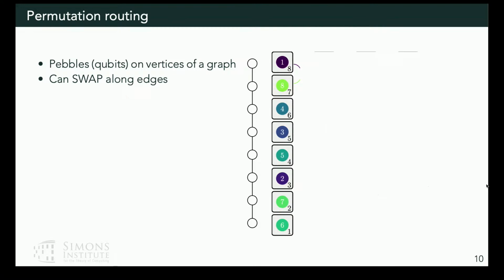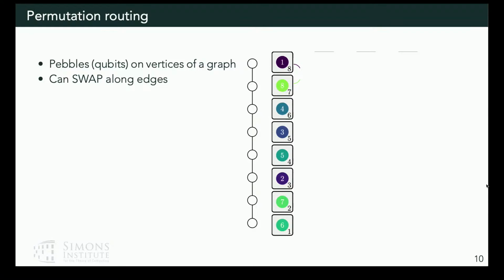Now I need to embed this into 2 dimensions. To do this, I need to be able to bring the targets of my entangling gates close together. And to do that, I need to do routing. This routing task reduces to something known as permutation routing.